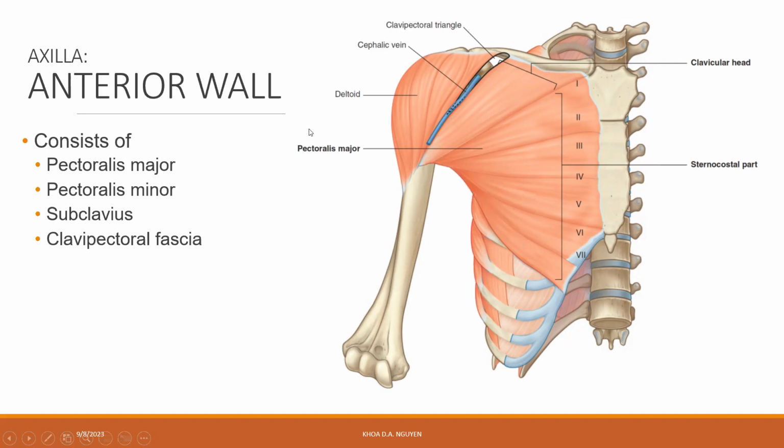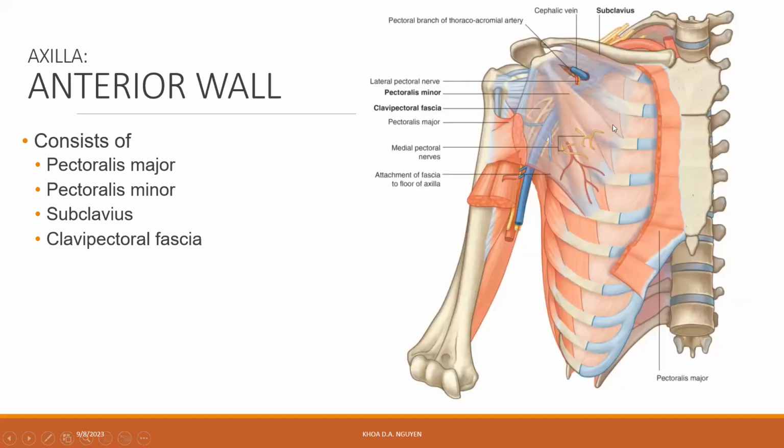If you remove this pectoralis major muscle, you will end up with the pectoralis minor down here, and then you will have the subclavius muscle over here, as well as the fascia right here that covers the pectoralis minor muscle, the subclavius muscle, as well as the majority of this part. And that also makes up a portion of the anterior wall, which is this wall right here. See that? Of the axillary fossa. So this is the clavipectoral fascia.